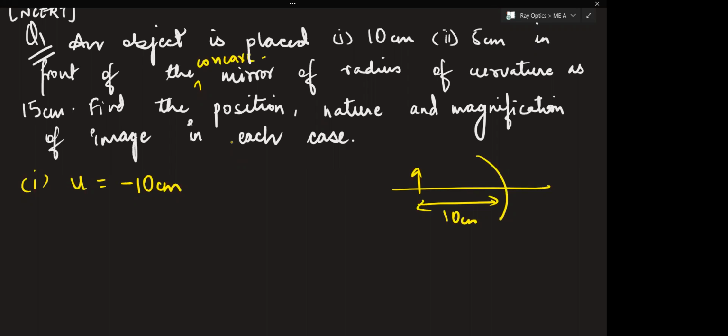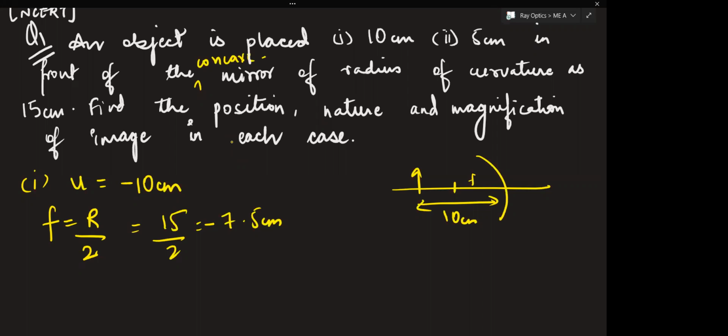And radius of curvature, so here the radius of curvature will lie. So we require focal length, and focus was radius of curvature by 2. This derivation also comes. Remember, we did it. So this becomes 15 by 2, that is 7.5 centimeters with a minus sign, because here also focus is in front of it.